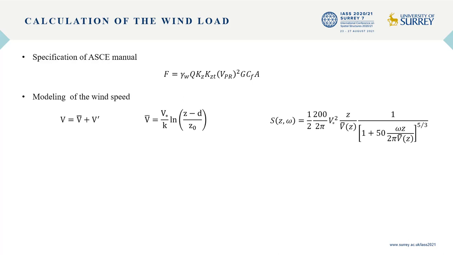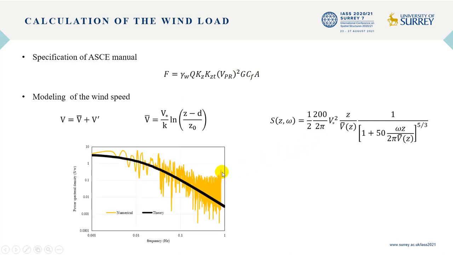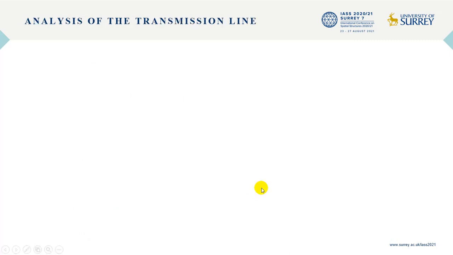Power spectral density concept is used to simulate the fluctuation of the wind. Theoretical and numerical PSD for a point with a height of 9 meters from ground level was computed in this figure. As shown in this figure, there is a good agreement between the numerical power spectral density and the theoretical results.